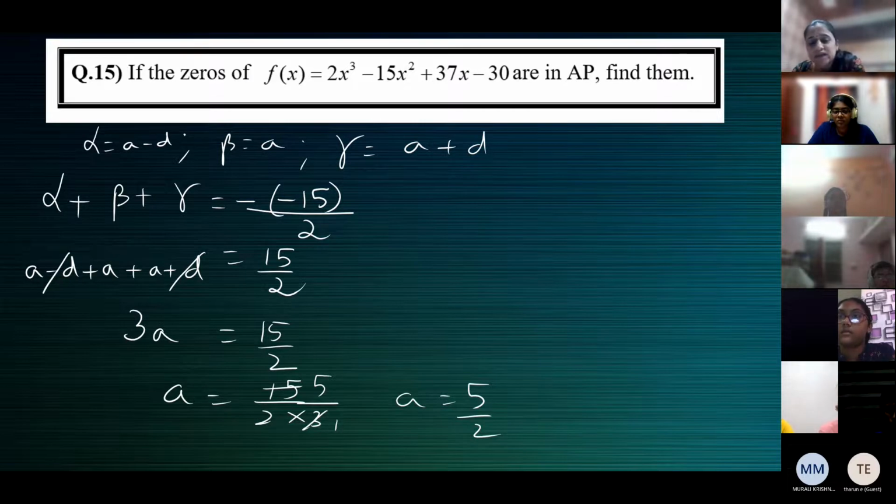In order to find the values of alpha, beta, and gamma, we need the values of A and D. Because see here, what is alpha? A minus D. What's beta? A. What's gamma? A plus D. So if you know the values of A and D, you can find the values of alpha, beta, and gamma.